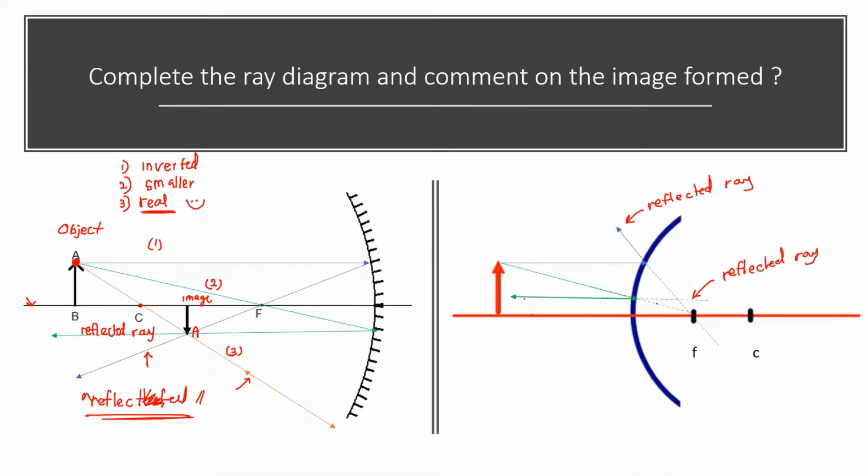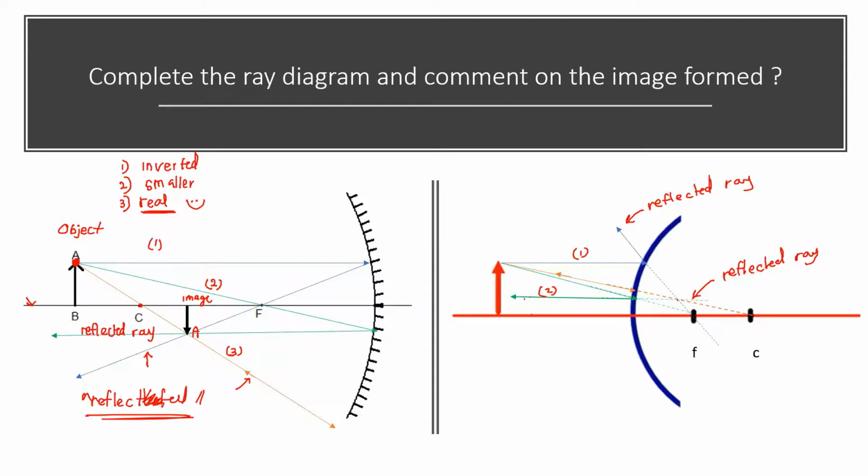So this line, the top one in green. So this is the first rule, this is the second rule. The third rule is anything which goes through C will come back through C, the same path. So if I reflect it, it follows the same path, right?